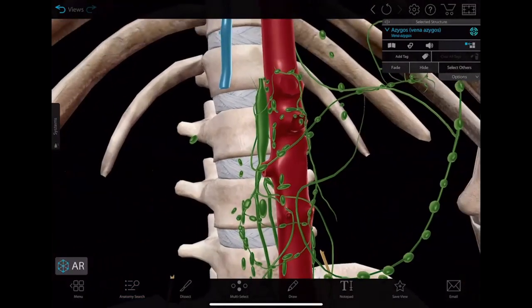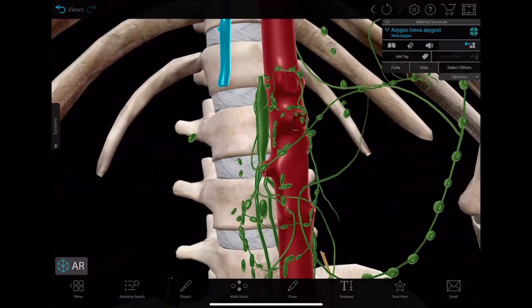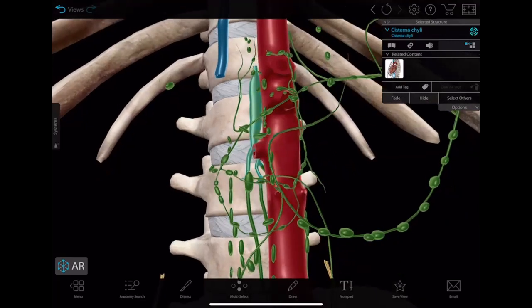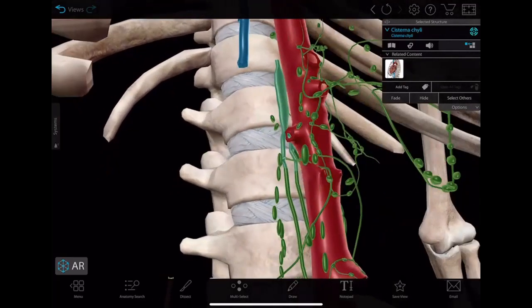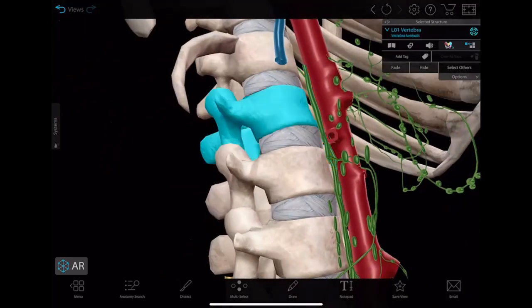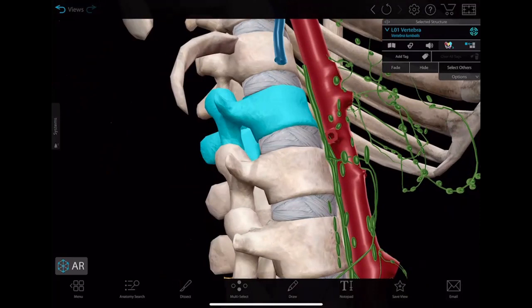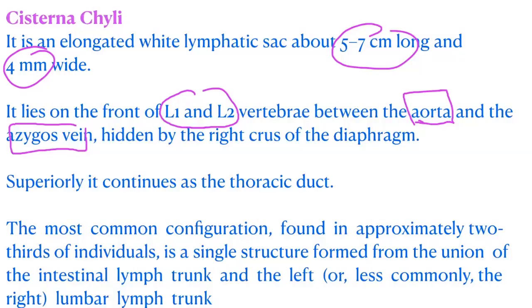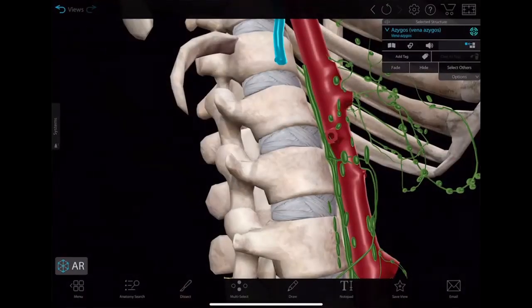So this ampulla-like structure is the cisterna chyli. It is in front of L1 and L2, between the aorta and azygos vein. Superiorly, it continues as the thoracic duct.